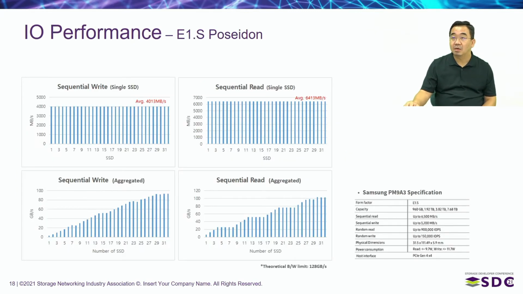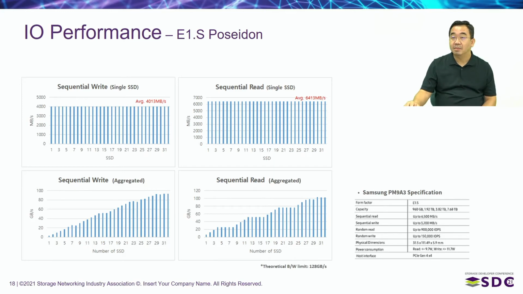This slide shows the read and write performance of the single and aggregated SSDs. The reference system utilizes 32 Samsung PM983 4TB SSDs. The upper side of the graph shows the single SSD read and write performance. We can see the uniform bandwidth and latency on all SSDs, as we expected.